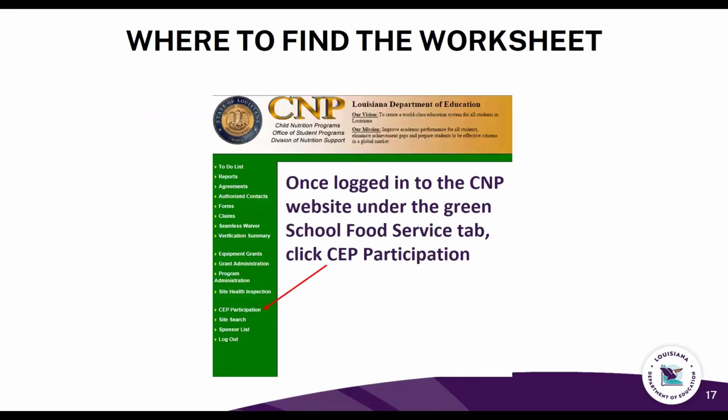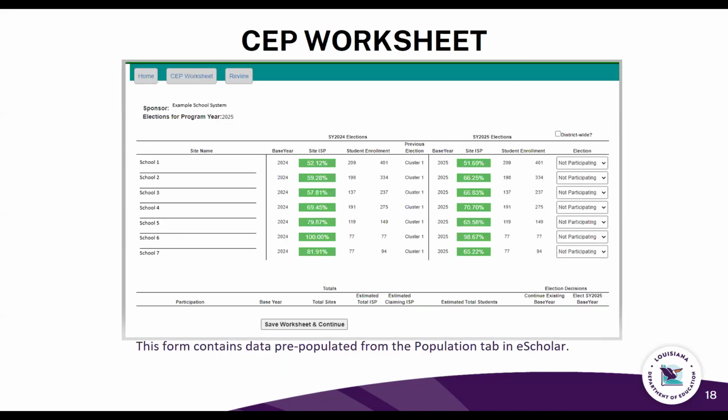All right. So a page all of you are familiar with. So the CNP Division of Nutrition Support website. You're going to select the CEP participation on the left-hand side under the School Food Service tab. So this form contains pre-populated data from the population tab in eScholar.